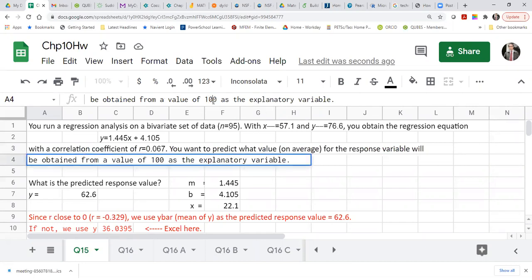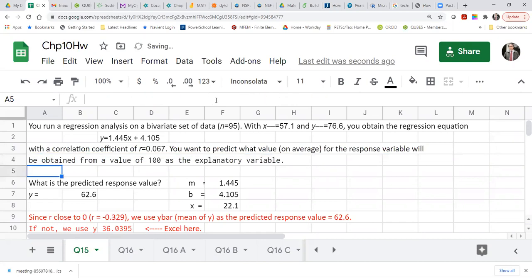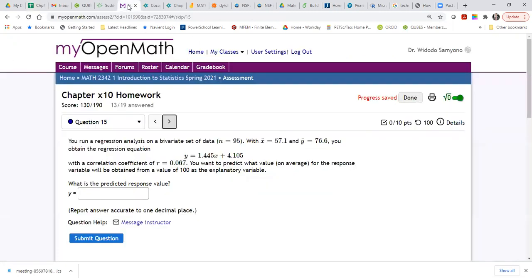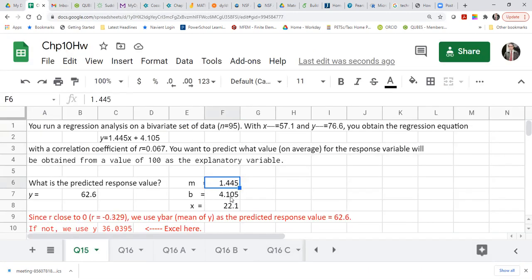Okay, so this is correct. m is positive, right? And then b is positive, and the x is 100. And the y should be this equation.